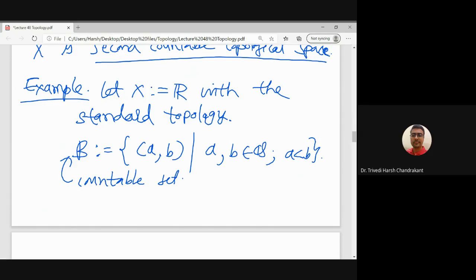The basis property is more or less clear, because if I take any point x, I can always find an interval with rational endpoints that covers that particular x. We can do that by the rational density theorem.